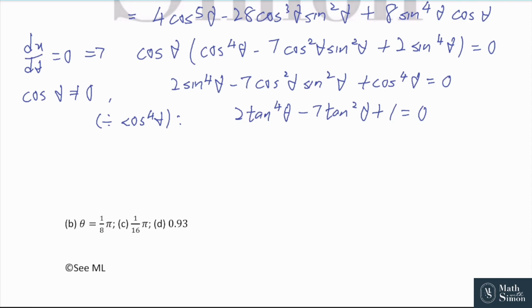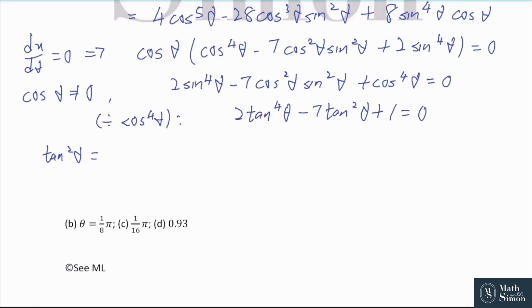Then we will just have to factorize this one, but unfortunately, we won't get a nice answer. We can't factorize that. So that is where we use the quadratic formula to find out the value of that. If you look at the quadratic formula here, we're actually solving for tangent square theta.